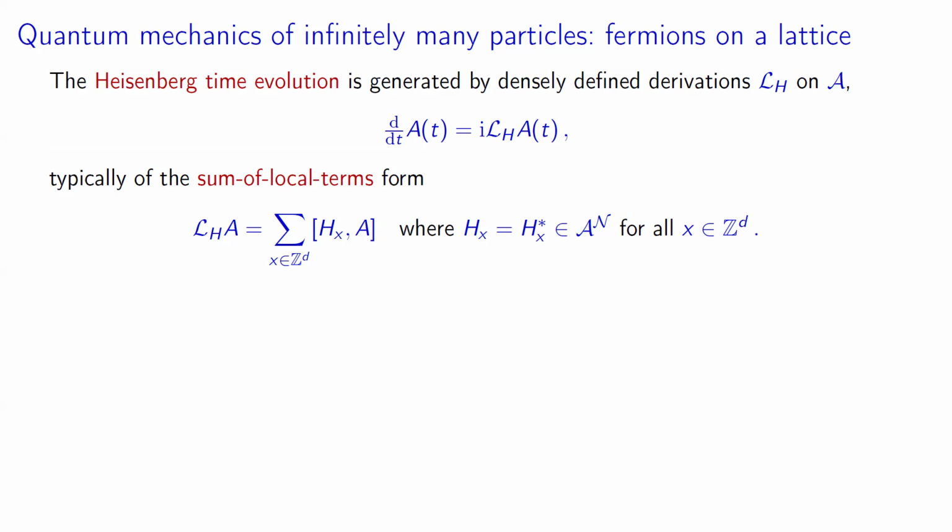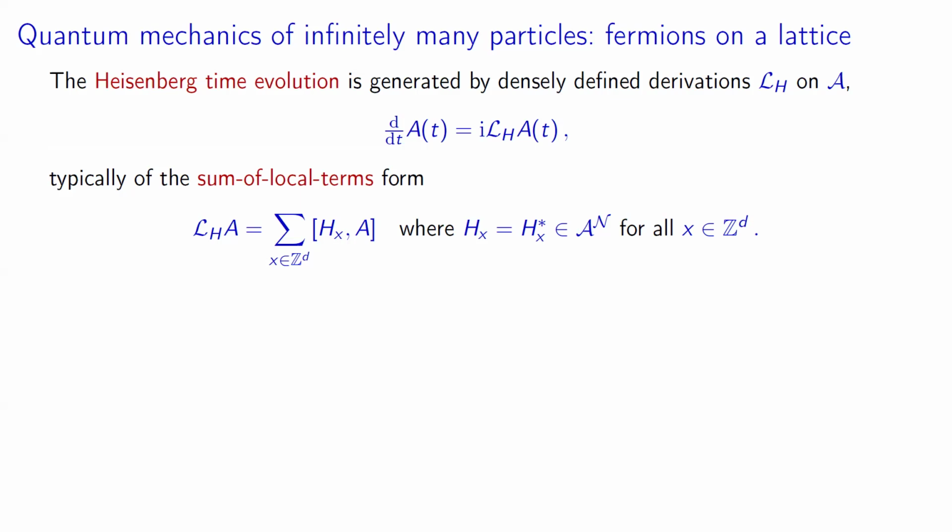These derivations we look at, which I will also call Hamiltonians, are sums of local terms. So for each point x in the lattice, we will have a local Hamiltonian H_x, and the action of this is just commuting with all these local guys. And under certain conditions, which we will work out, this really defines again a local observable.